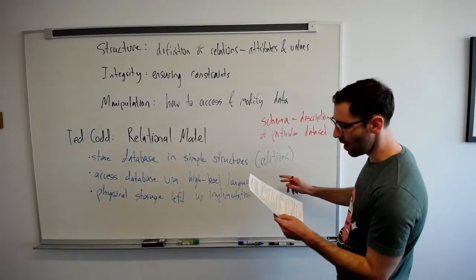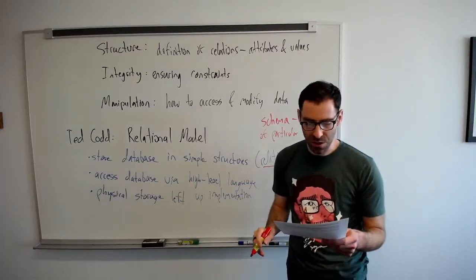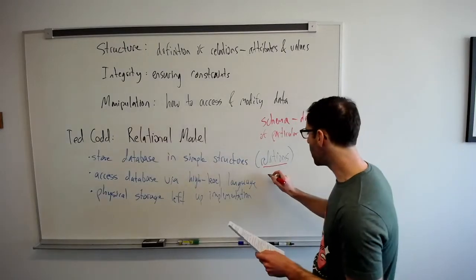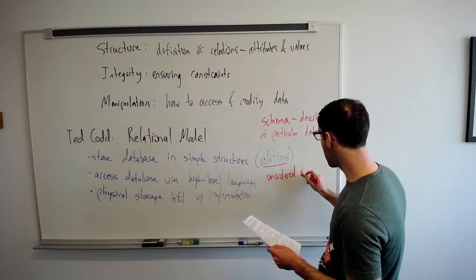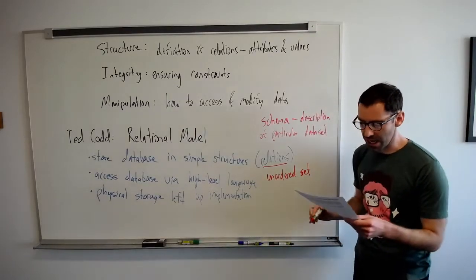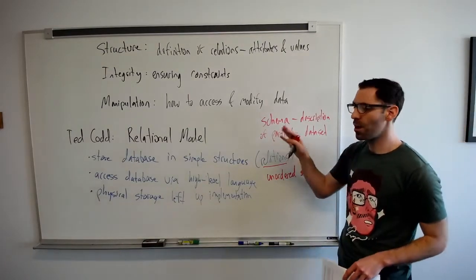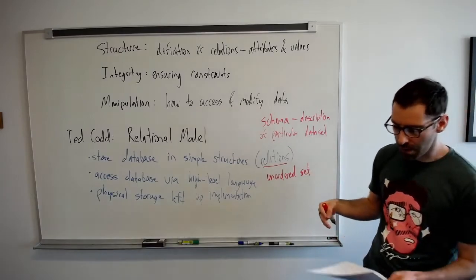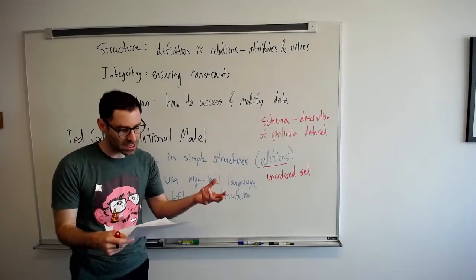A relation in our database is going to be an unordered set that contains the attributes of that relation that represent specific entities.